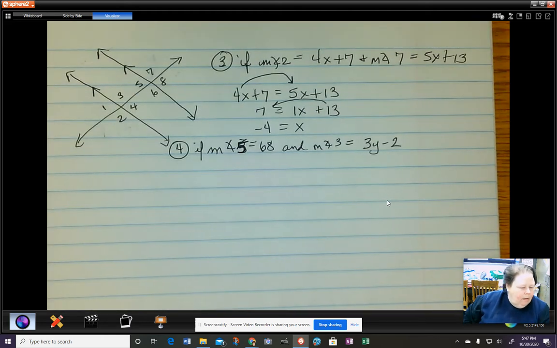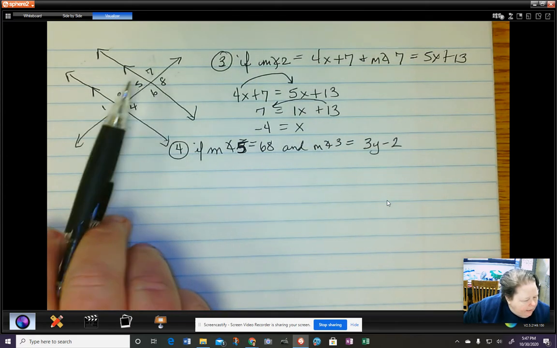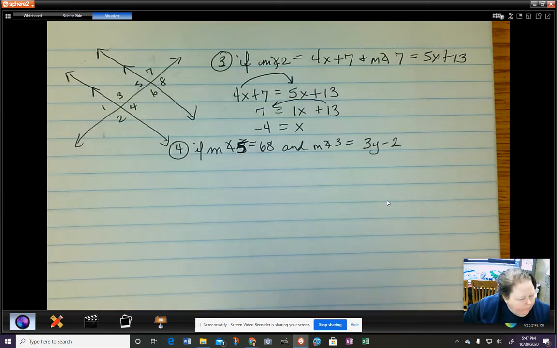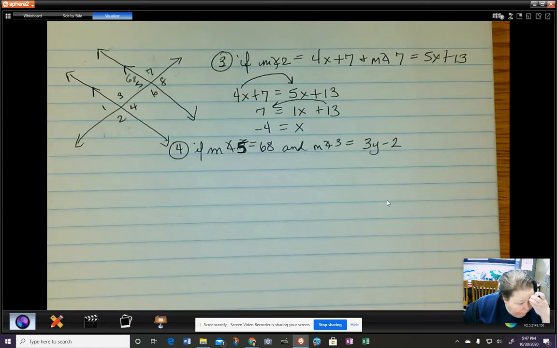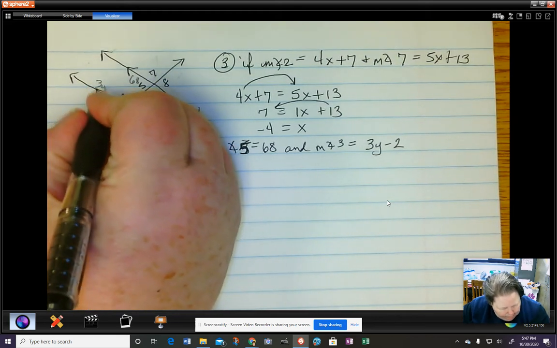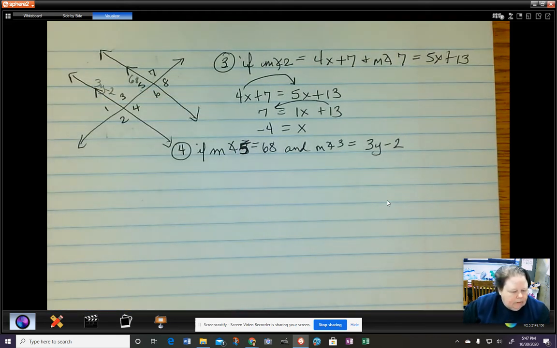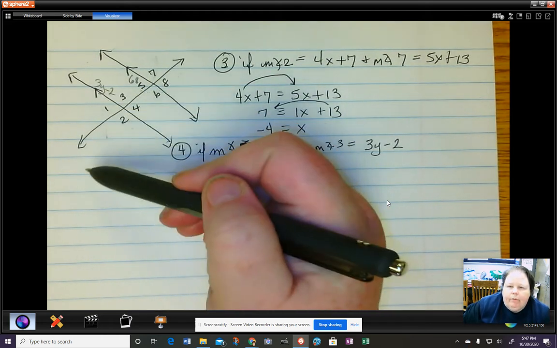Okay, so here we have angle 5, which is right here on the inside, and angle 3 on the inside. So angle 5 is 68. Angle 3 is 3y minus 2. What do I know about same side interior?